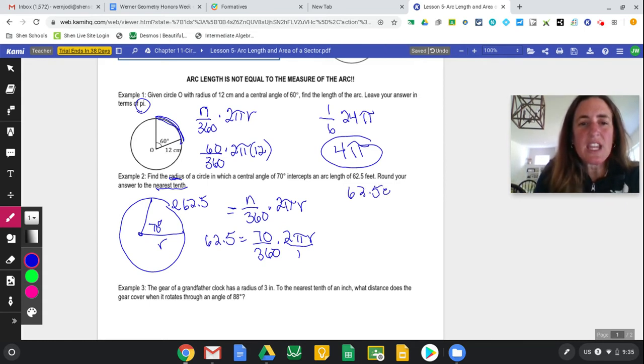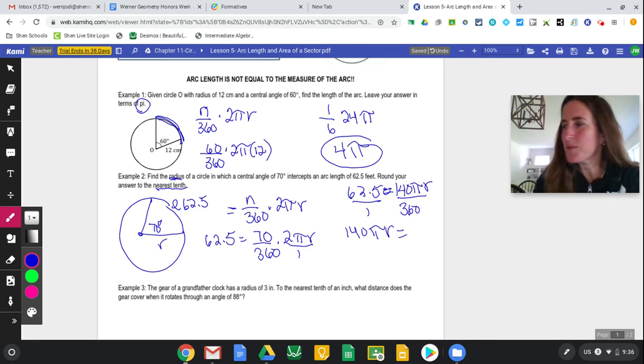So I really have 62.5 equals 140 pi over 360. And I'm going to put this over 1 and cross multiply. So 140 pi r, sorry, I forgot the r. That's what we're solving for. Equals, I'm going to grab my calculator, 360 times 62.5 is 22,500.